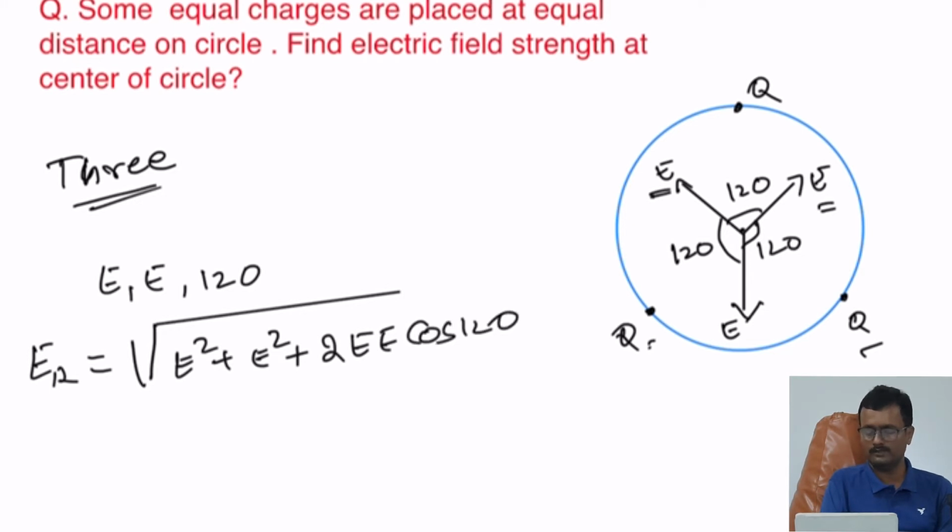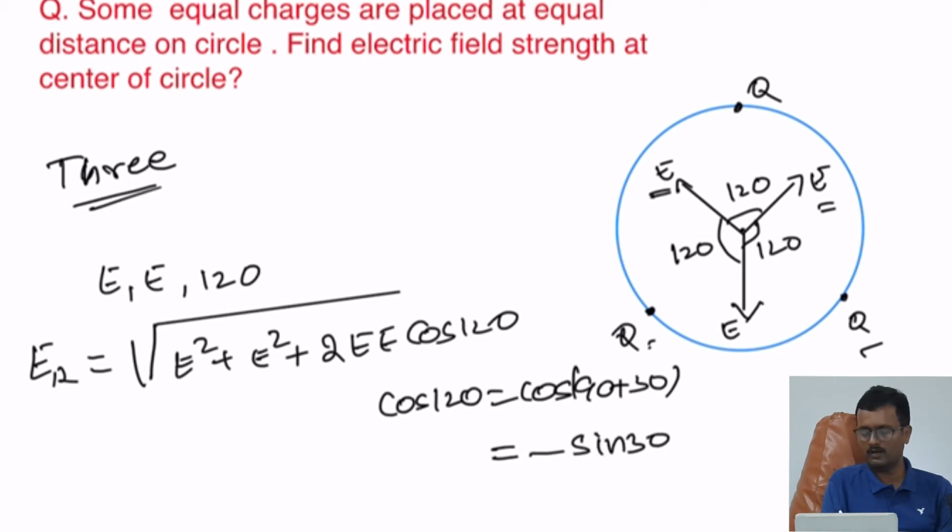Cos 120 is equal to cos(90 plus 30). Cos(90 plus 30) is minus sin 30. Minus sin 30 means minus 1 by 2. So cos 120 means minus 1 by 2.